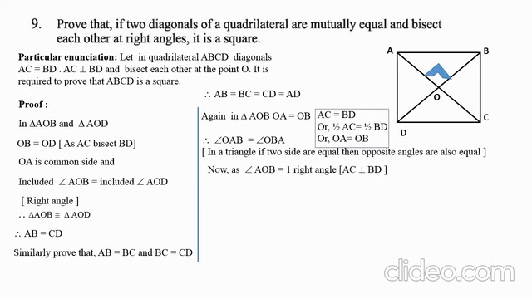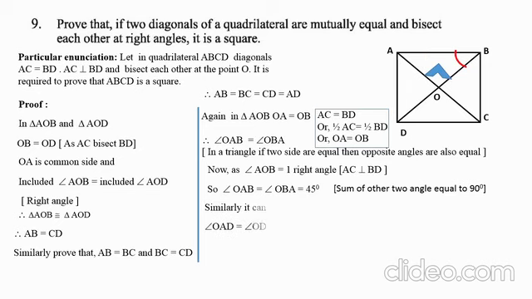Now as angle AOB equals one right angle, which is perpendicular, we may say angle OAB and angle OBA equal 45 degrees, because in triangle AOB, as angle AOB equals 90 degrees, the sum of the other two angles must be equal to 90 degrees. But as angle OAB equals angle OBA, they are individually 45 degrees.